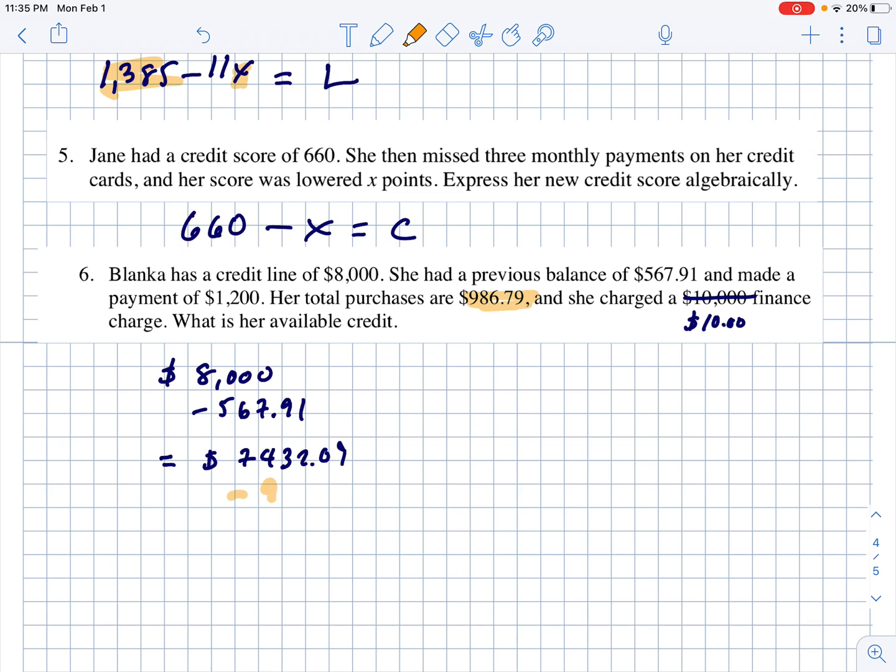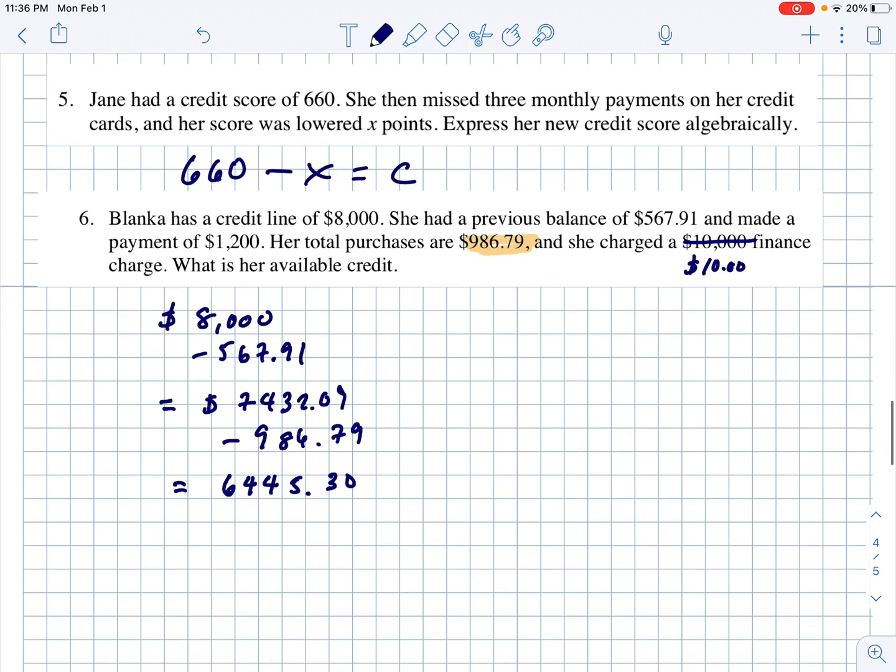So we're going to subtract $986.79. And that gives us $6,445.30. Okay, she got charged $10.